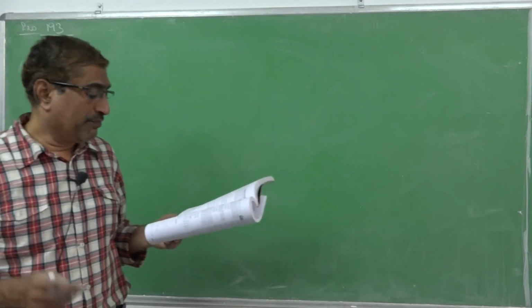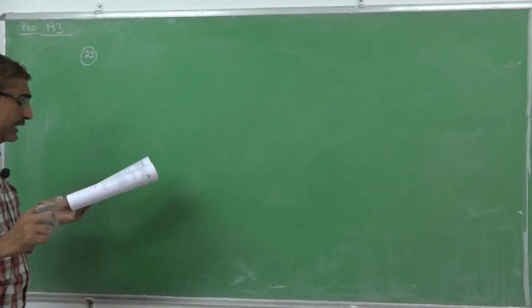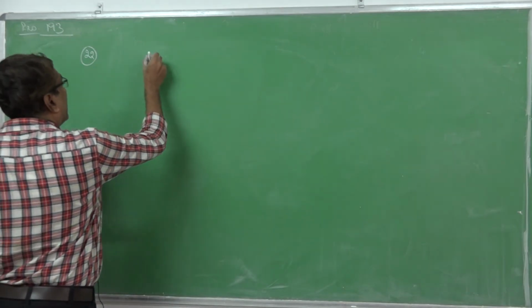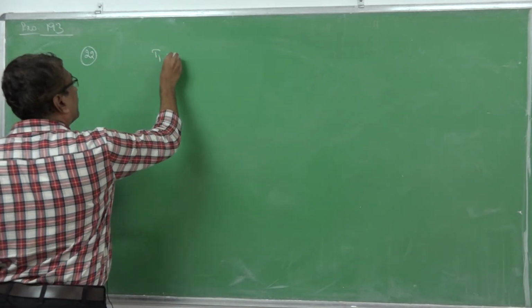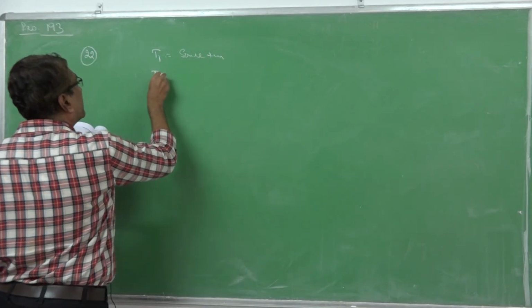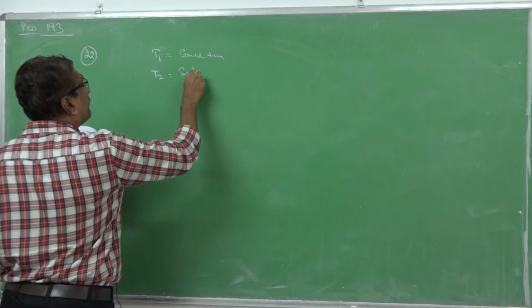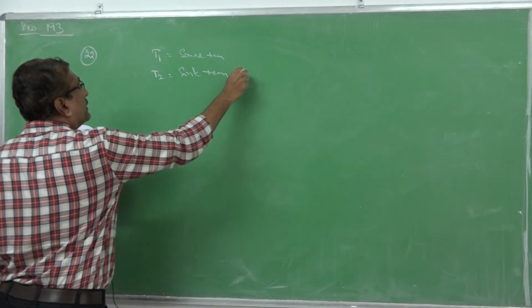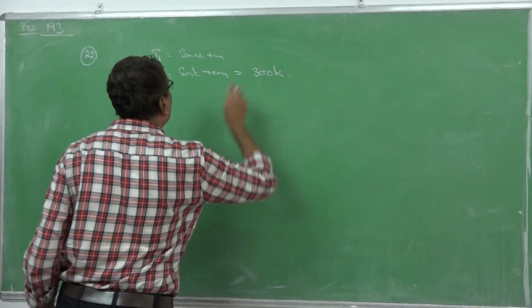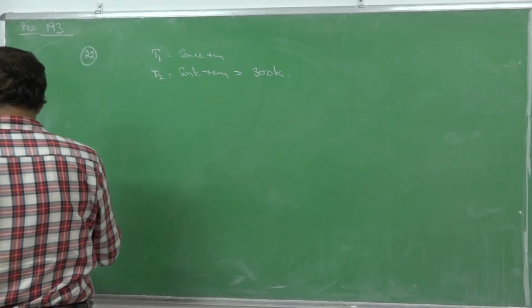Okay, so a Carnot engine whose sink is at a temperature of 300 K. Actually we take T1 as the source temperature and T2 as the sink temperature. So that is given, 300 K. Now the efficiency is 40%.